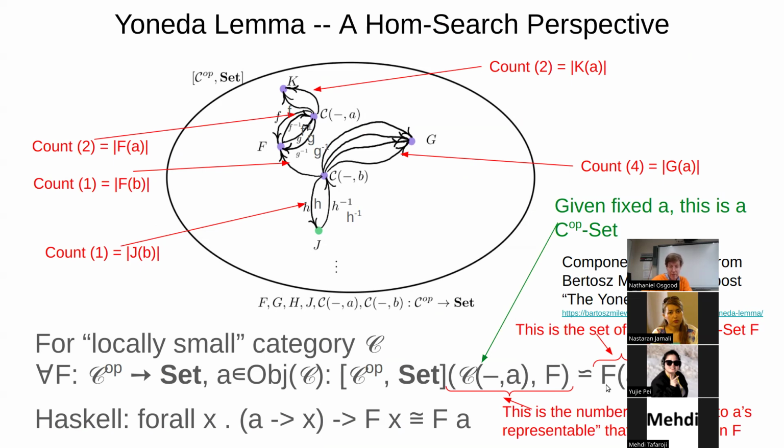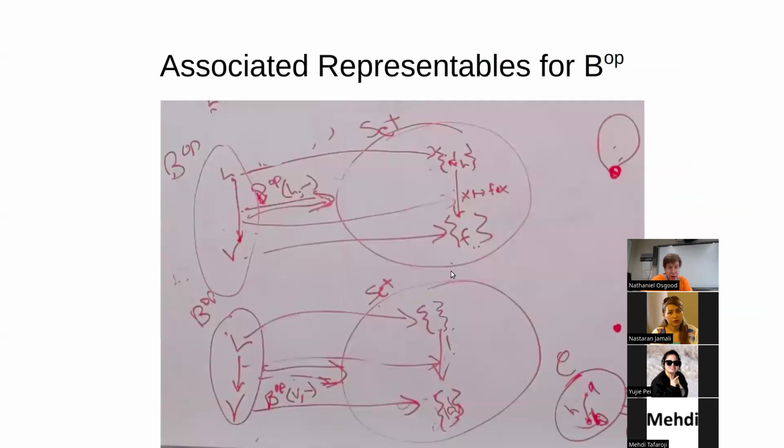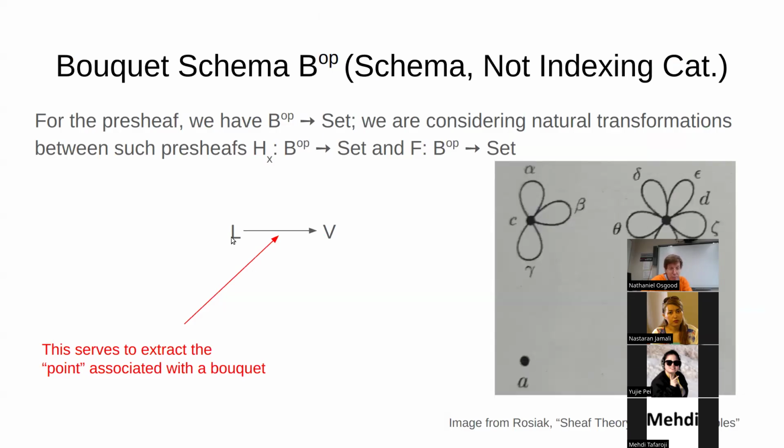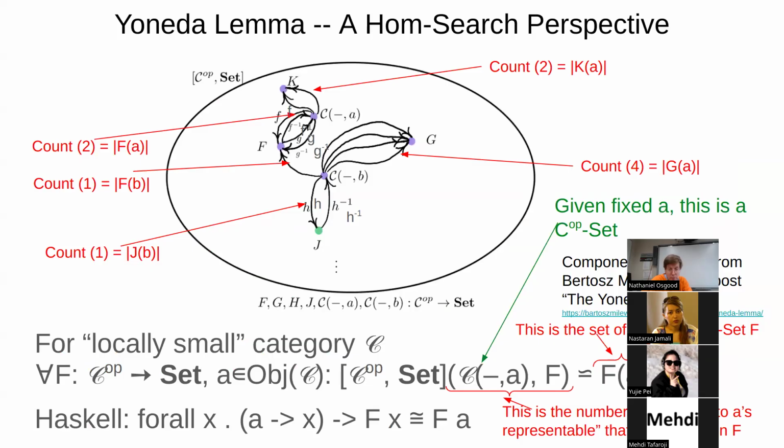This F is a functor from C up to Z, and it maps A, in this case L, into some set.